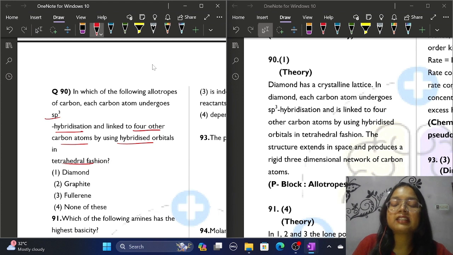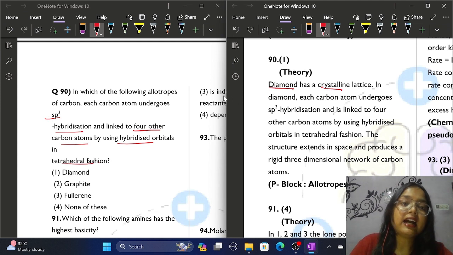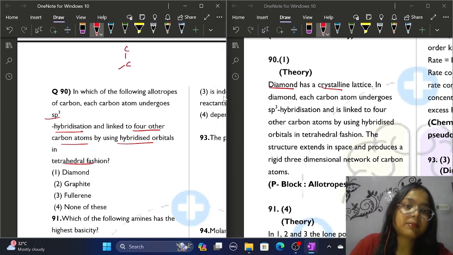We know that carbon has 3 allotropes, namely diamond, graphite and fullerene, right? Diamond has a crystalline lattice structure, and if we draw the structure of diamond, it comes out like this.